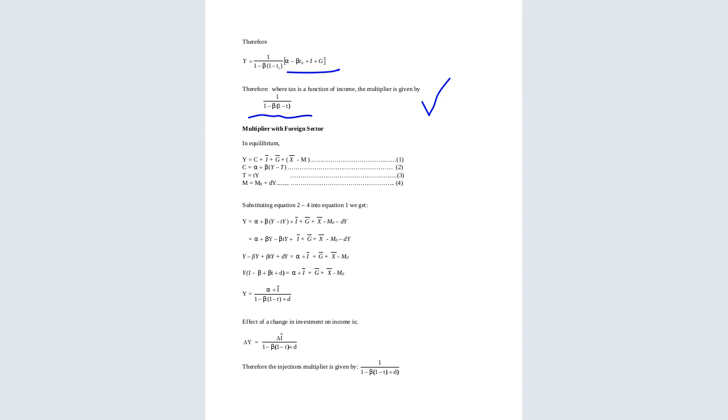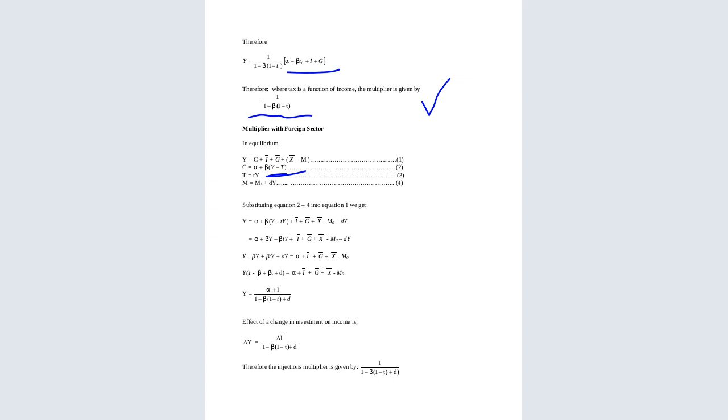Consumption is made up of the autonomous consumption plus the induced consumption. The induced consumption, you can see, is made up of beta (y minus t). The tax is made up of ty, so it is dependent on the income.